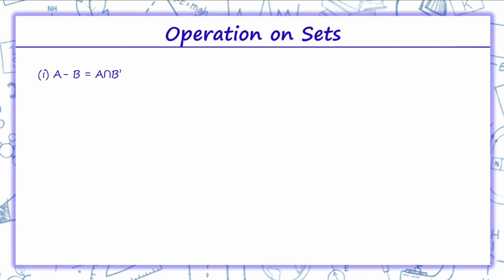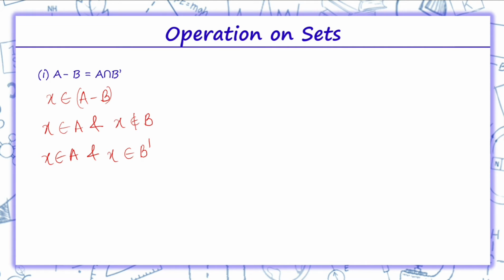So coming to the proving part, if you have to prove A minus B equals A intersection B complement, let's suppose X is any arbitrary element, as we did in our previous video. So X belongs to A minus B. Now, as we know, X belongs to A minus B can be written as X belongs to A and X does not belong to B. If X does not belong to B, it can be written as X belongs to B complement.